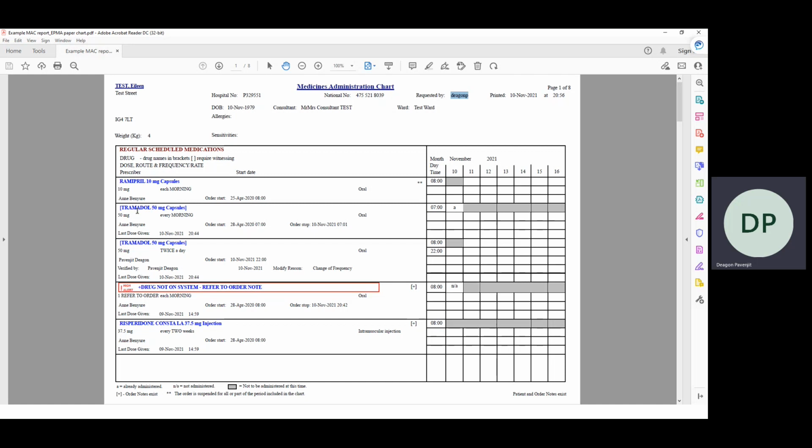For some medicines, such as the tramadol here, you will notice there is also an order stop date and time. This means that this medication was stopped on the 10th of November at 7:01 in the morning. And in the case of medication, on the regular side, you will also have a section that states when the last dose was given, and there is a date and time presented.